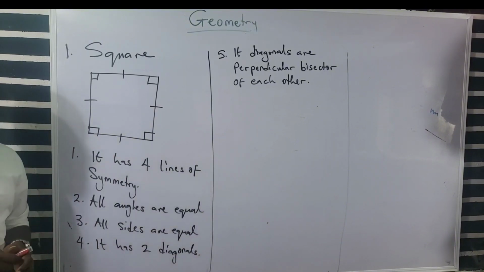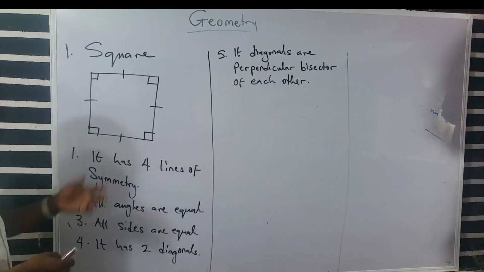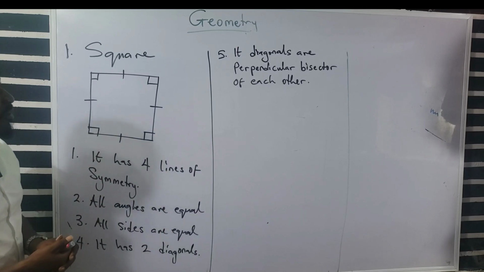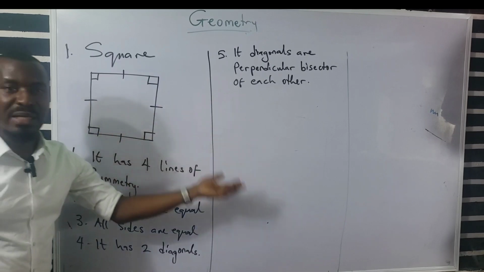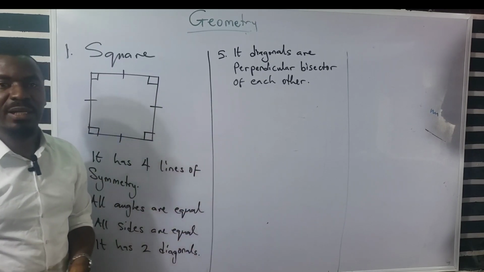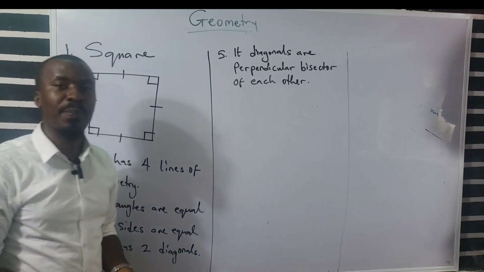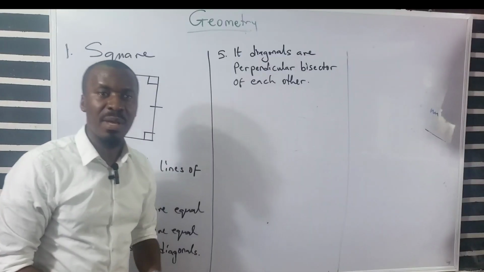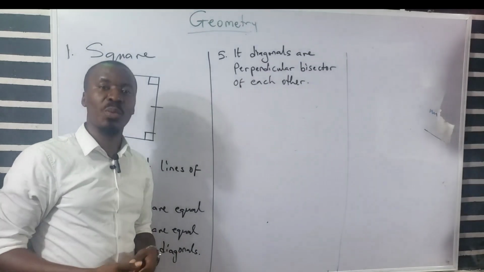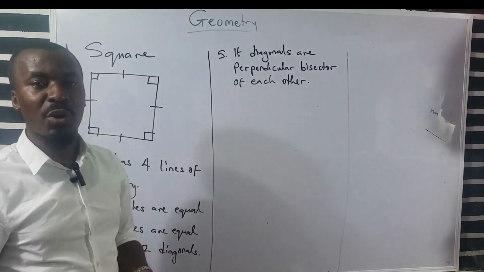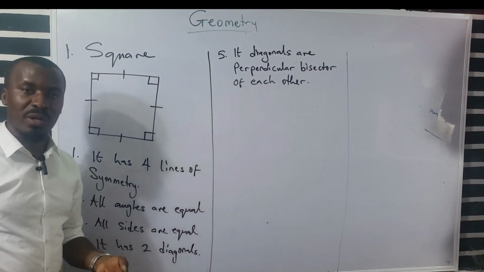Okay, that's one of the properties of a quadrilateral. So we have a total of 9. 5 is unique for square. Then since square is a parallelogram, it also possesses the 4 properties of a parallelogram. And since square is also a quadrilateral, it also possesses the 3 properties of a quadrilateral.